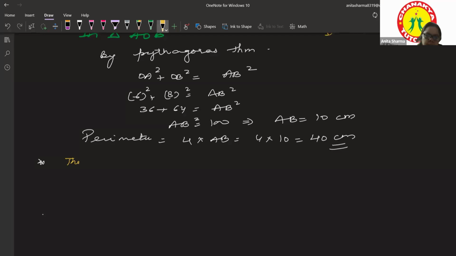The perimeter of a parallelogram is 140 centimeter.